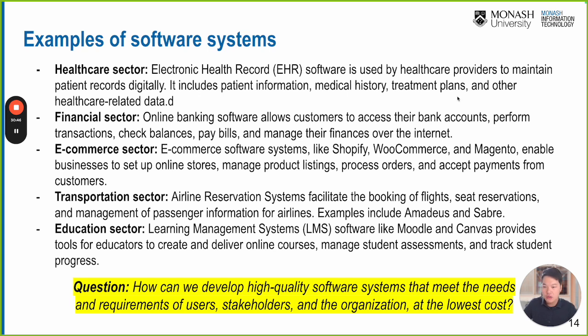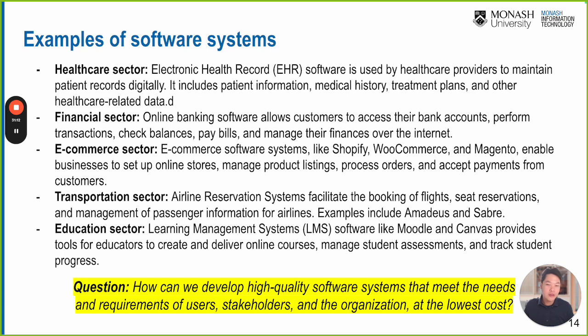But the key question here is that we can develop software for however many years. The key question is how can we develop or ensure the high quality of the software system that also meets the needs and requirements of the user, stakeholder, and the organization at the lowest cost. This is the ultimate question. Why do we need to learn about software engineering?